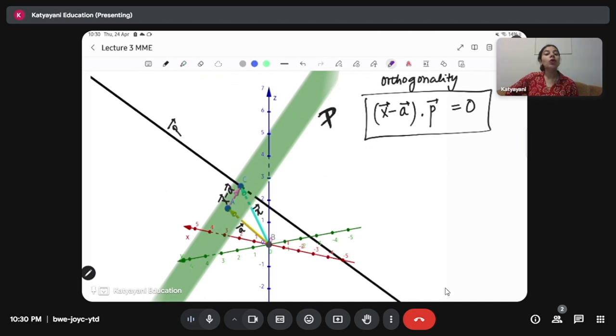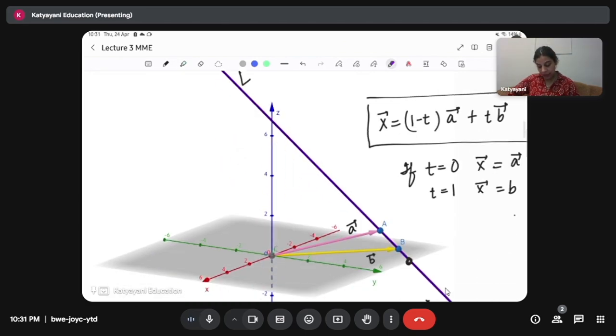And making use of the orthogonality condition that we had seen in the last class, that two vectors which are orthogonal to each other, their dot product should be 0, I can write that x minus a, dot product with p should be equal to 0, and this condition would help me to find out the equation of the plane. I hope it is clear to you from this particular diagram.